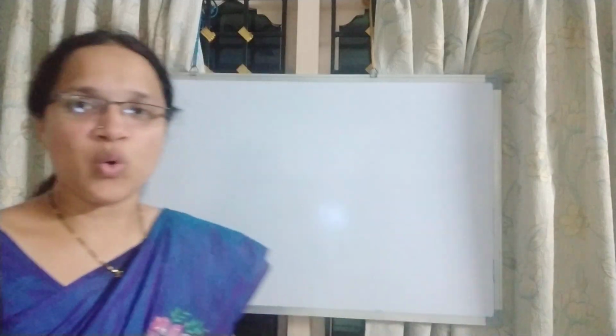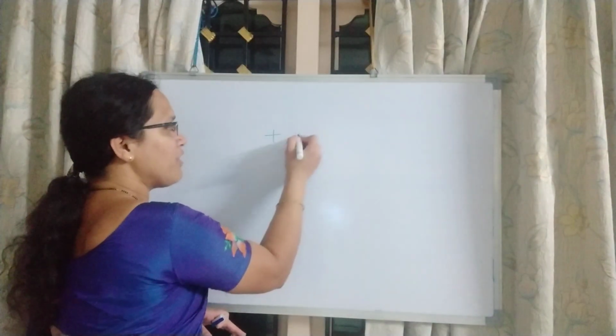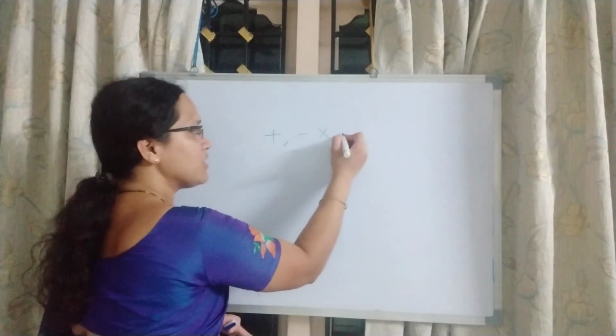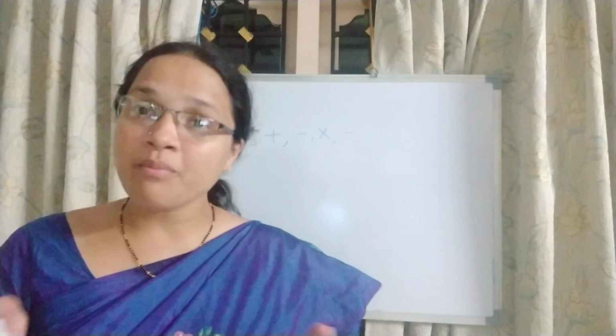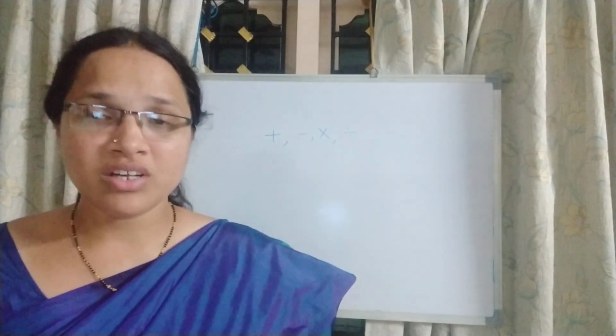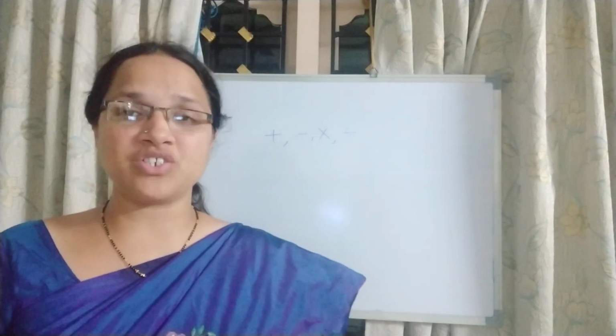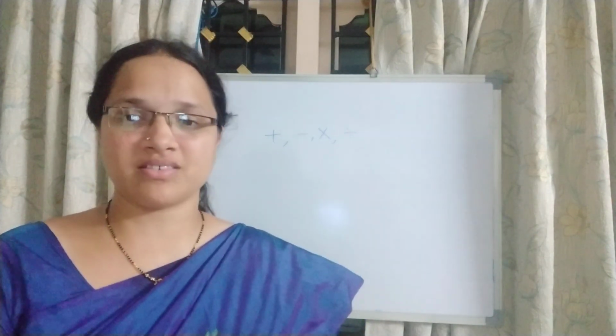Yes or no? So how many arithmetic operations are there? Yes, that's right. There are 4 arithmetic operations in max which deal with the entire max.